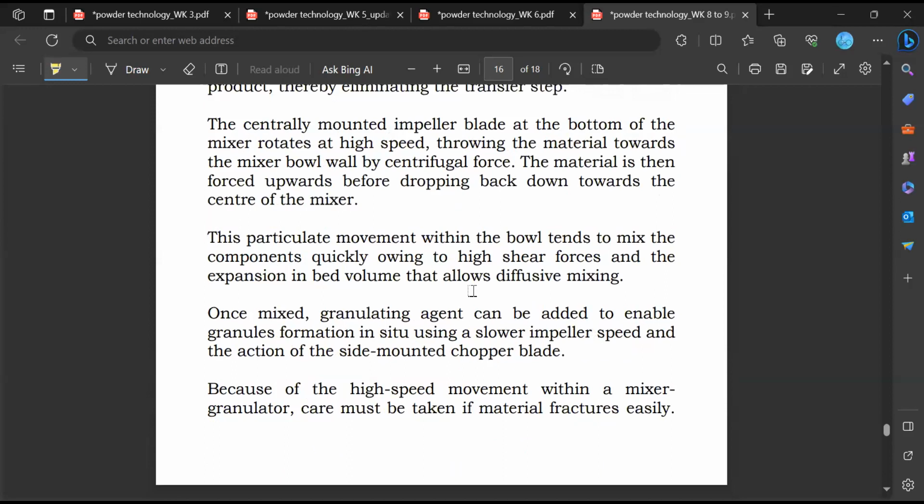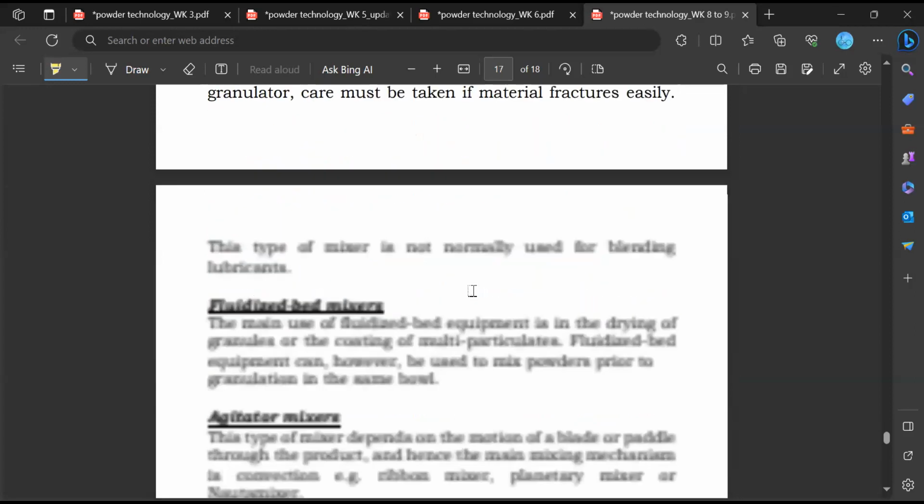With the mixer granulator, you mix the powder first, and once you've achieved that true random mix, you add the granulating agent in the same equipment, which will then do the process of granulation.